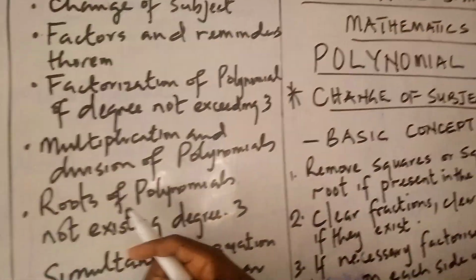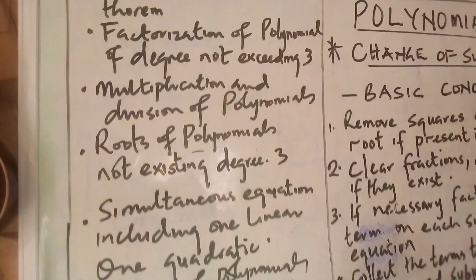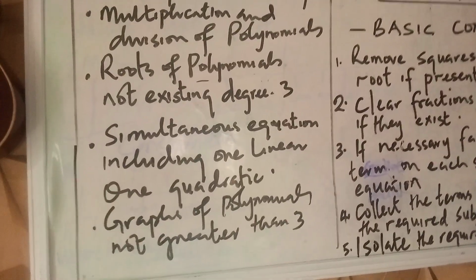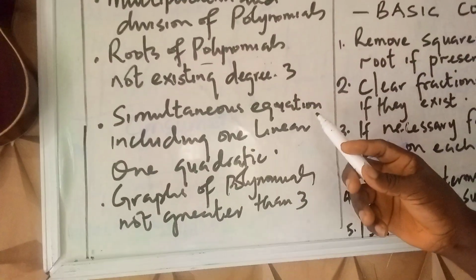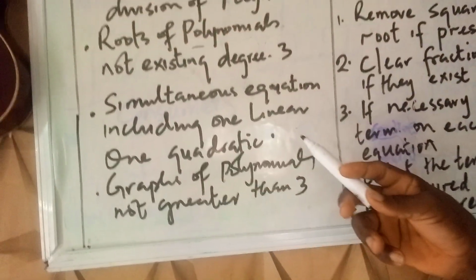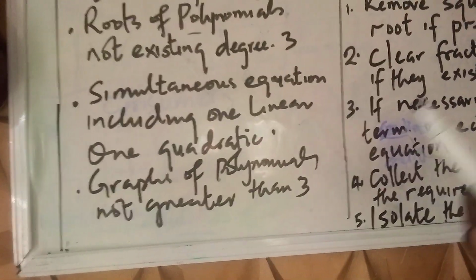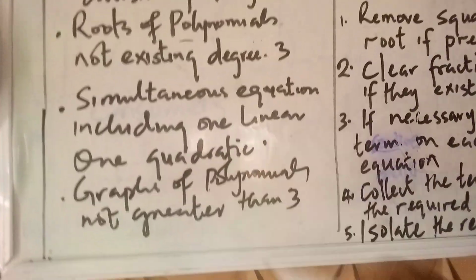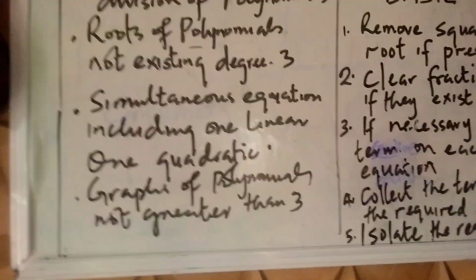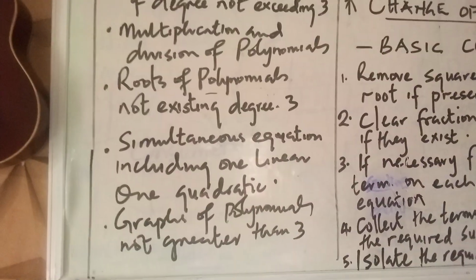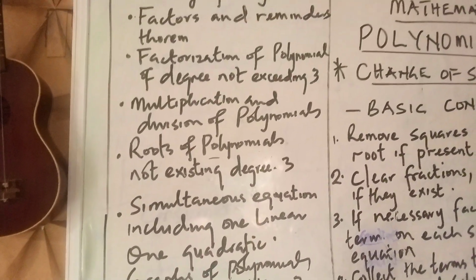We also look at roots of polynomials not exceeding the 3rd degree, then simultaneous equations including one linear, one quadratic. The last part is graphs of polynomials not exceeding the 3rd degree.